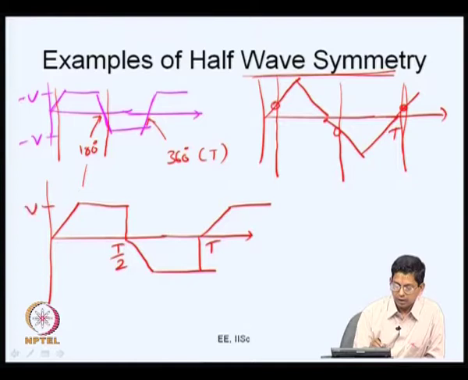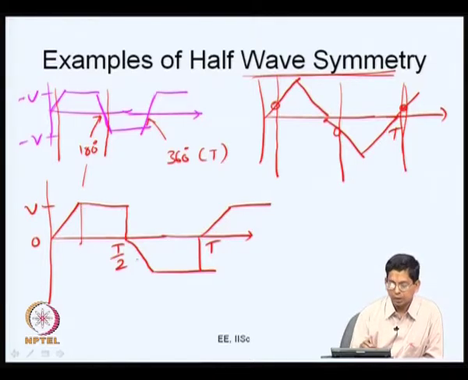The signal rises from 0 to V over some duration, and then it is flat at V till T by 2. Then it comes down to 0, and from 0 it goes to minus V with a rate which is the same as here except for the sign. The slope here and here are equal, just for the sign. So, it goes down like this and it is here now.